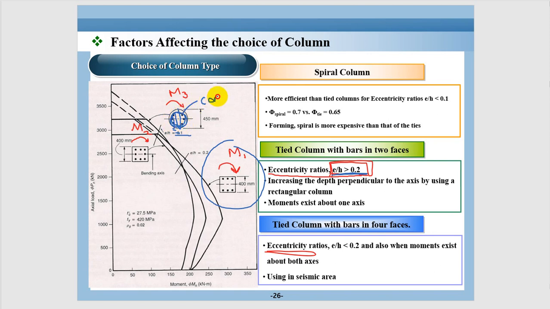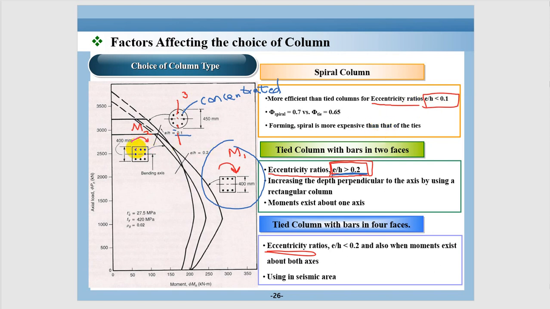I should say concentrated with respect to the neutral axis. Concentrated with respect to the neutral axis. So that means your circular column is not very effective to resist loading with a large eccentricity. So your eccentricity ratio is very limited, less than 10%.